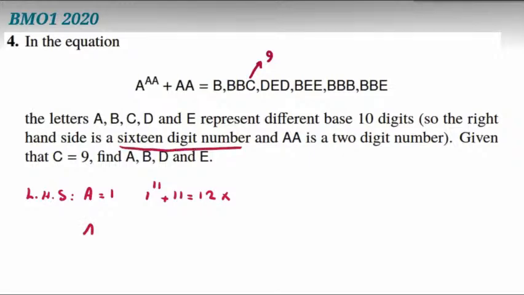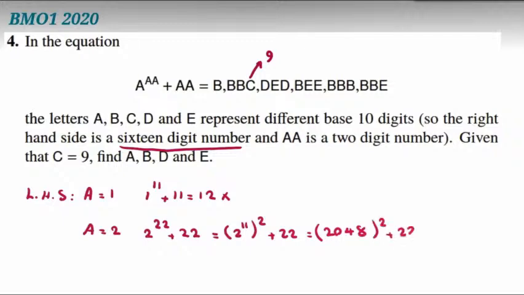If A is 2, it will be 2 to the 22 plus 22, which is 2 to the 11 squared plus 22. 2 to the 11 is 2048, which is less than 3000, so squared plus 22 will be less than 9 times 10 to the 6 plus 22, which is not 16 digits. So AA equal to 22 is bad.